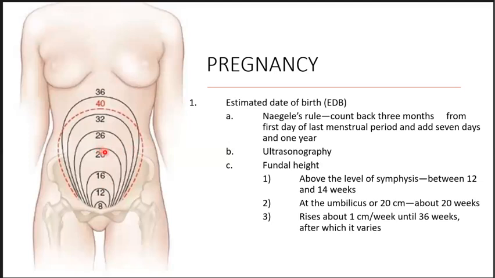So 20 cm, 20 weeks. And subsequently, it should rise at about 1 cm every week until the 36th week, after which it could vary. So at the level of the symphysis pubis, it's between 12 and 14 weeks. At the level of the umbilicus, or the 20 cm mark on your tape, is about 20 weeks, and then subsequently 1 cm every week.